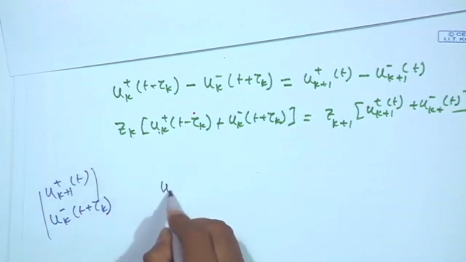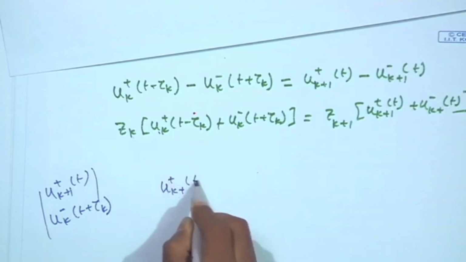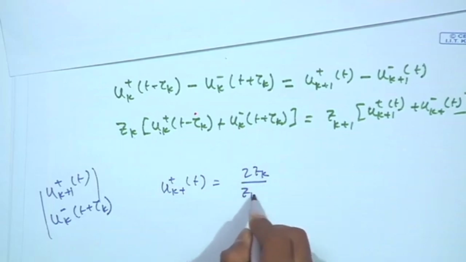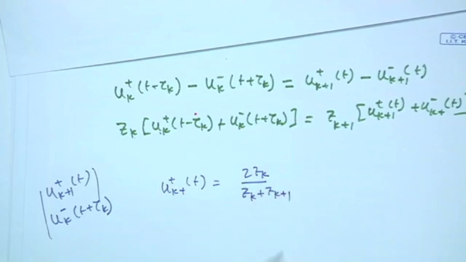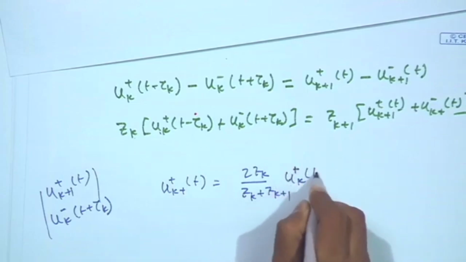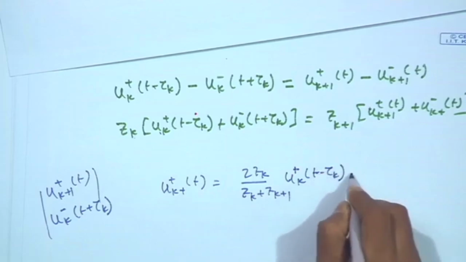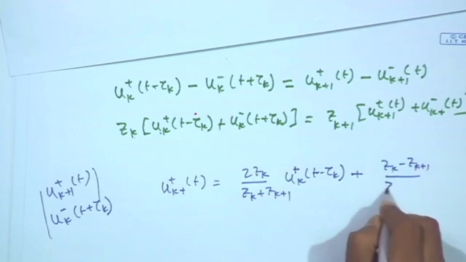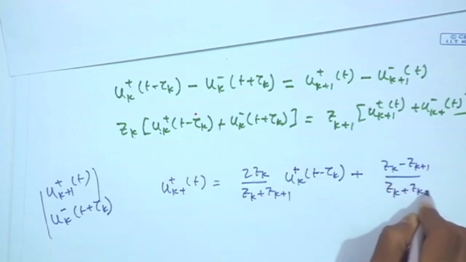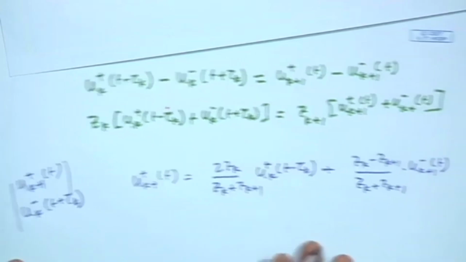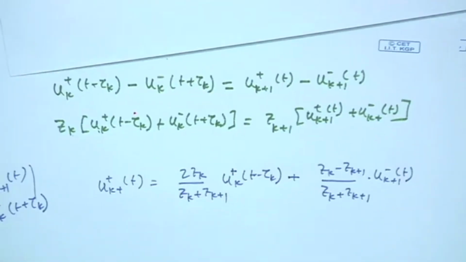So, the expression of u k plus 1 plus t will be 2 z k divided by z k plus z k plus 1 into u k plus t minus tau k plus z k minus z k plus 1 divided by z k plus z k plus 1 into u k plus 1 minus t. Okay.